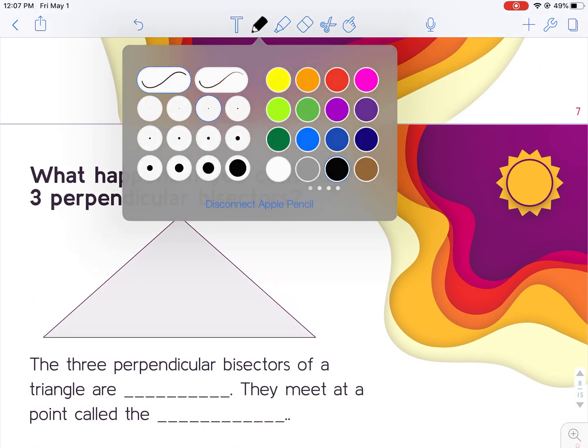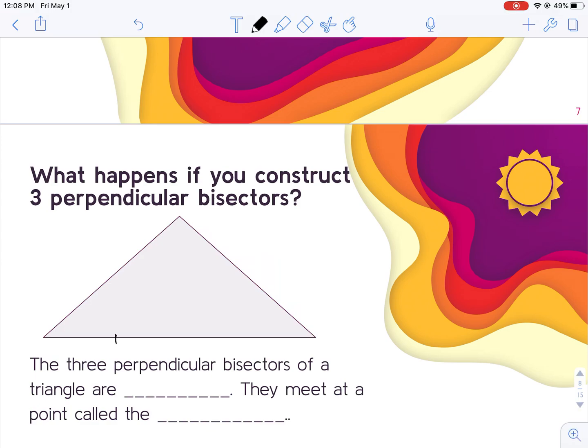Now if I put in my perpendicular bisectors, so I'm going to cut this side in half and make it a 90-degree angle, more or less. And I'm going to cut this side in half, and I'm just eyeballing this, so it's not going to be perfect, and I'm going to draw in a 90-degree angle, and then I'm going to cut this side in half, and this is going to be far from perfect, but we'll just go with it.